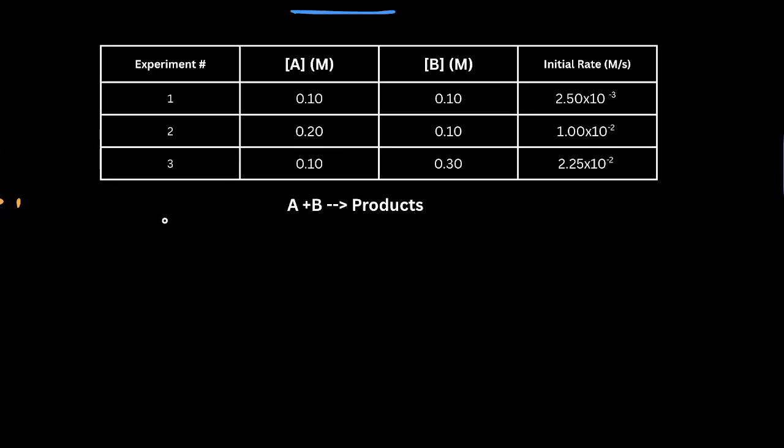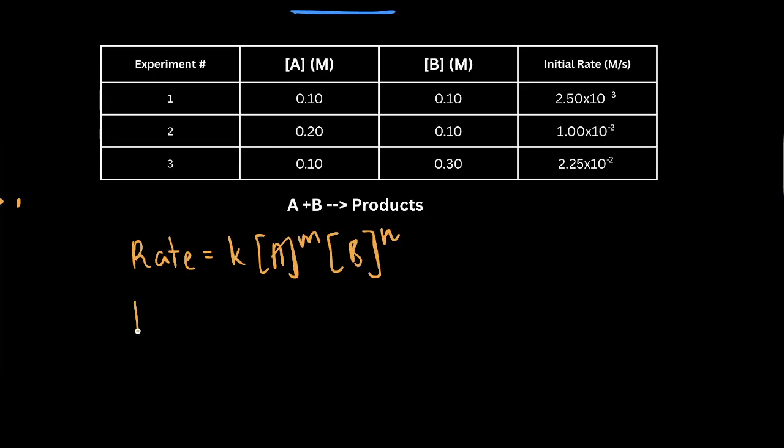There's a general form for this rate law: the rate is equal to k, lowercase k, times the concentration of A to the m times the concentration of B to the n. So in this general form, what are we looking at exactly?